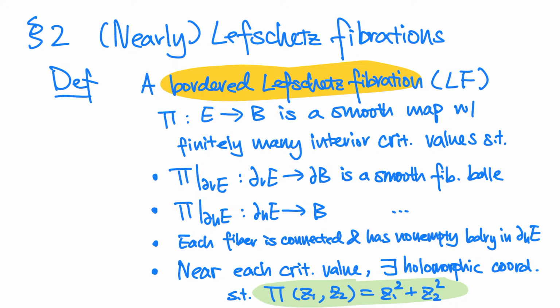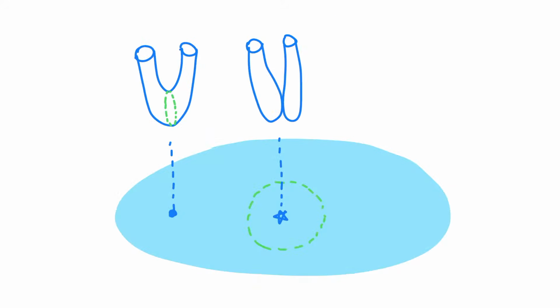And this property you have seen. Near each critical value, there are holomorphic coordinates such that the projection map is given by (z1, z2) goes to z1 squared plus z2 squared. Pictorially, the star denotes a nodal fiber, or singular fiber, and the regular fibers have essentially the same topology, with the nodal fiber having a node.